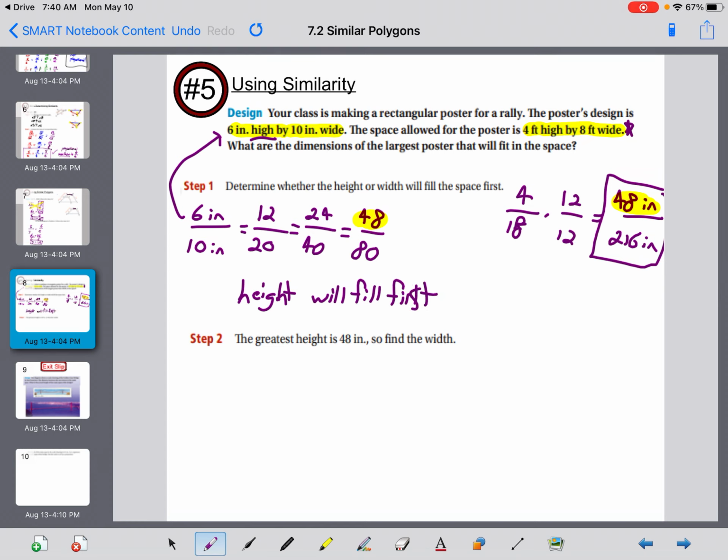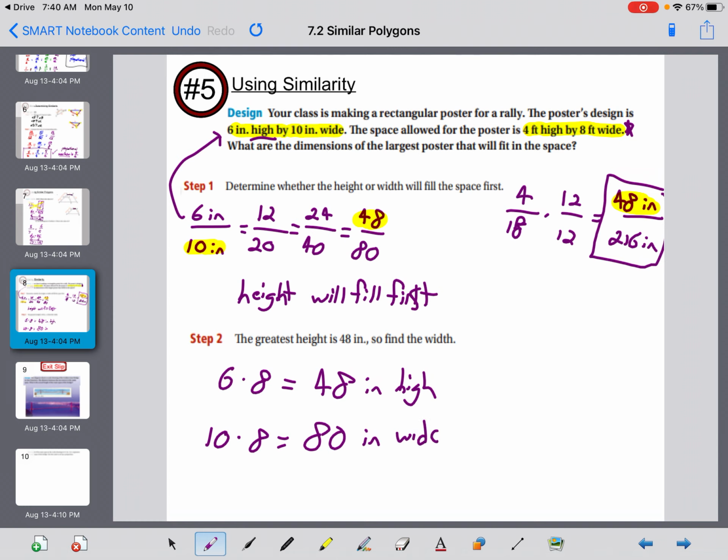So if the greatest height is 48, what is the width? Well, 6 times 8 gives you 48 inches high. So that means you have to take your 10 inches and also multiply it by 8, and you will get 80 inches wide.